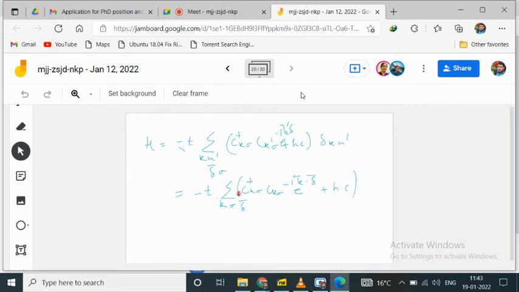So what is the final form? Can you tell me now, after taking care of this e to the minus i k dot delta? Suppose we are in 1D. What are the options of delta now in 1D? Plus x or minus x? Plus one, minus one, x, right.